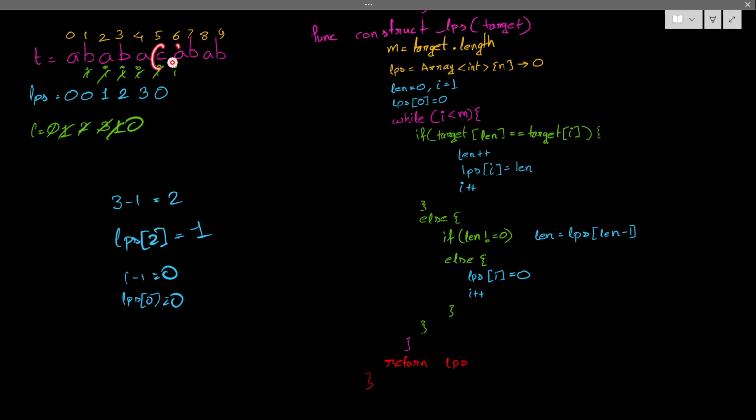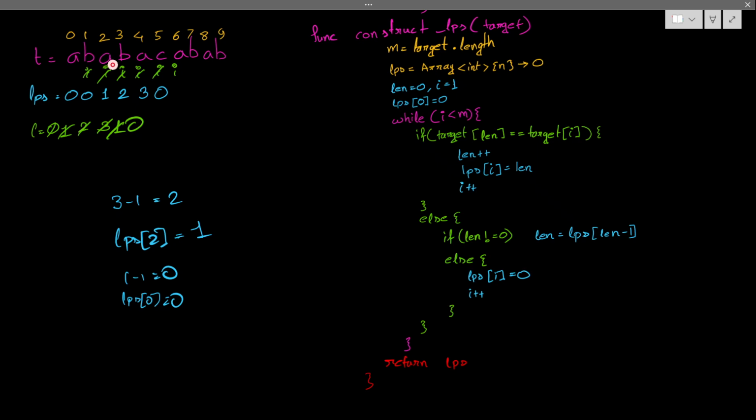For this space, length becomes 2 or not, because for 3 it is not getting 4. So this place is not matching, so this is not matching with this. So I have to check length minus 1 by LPS.